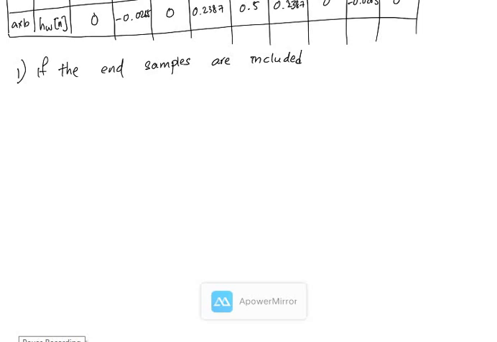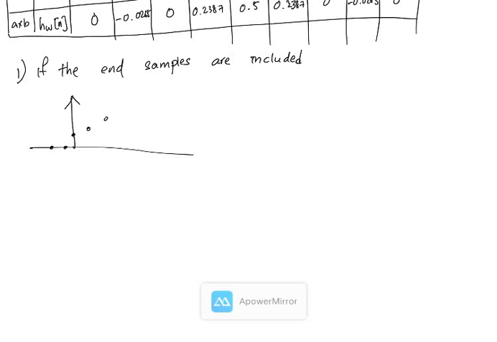The question asks you to find the transfer function of the causal sequence if the nth samples are included. What is a causal sequence? It means that here is 0 and you have values only after the 0, so it's called a causal system.